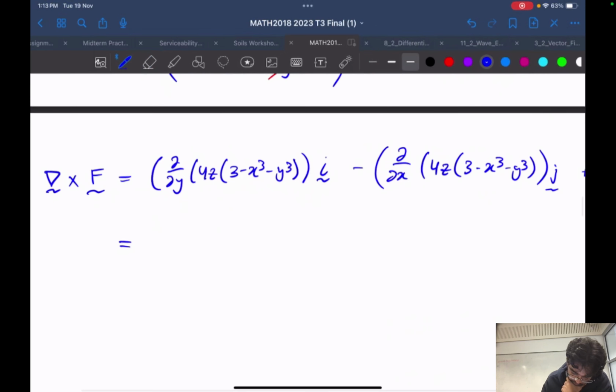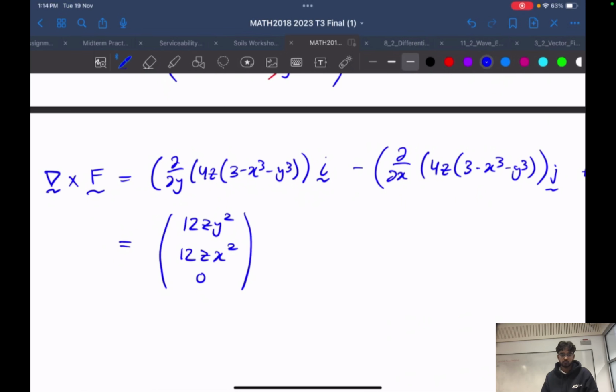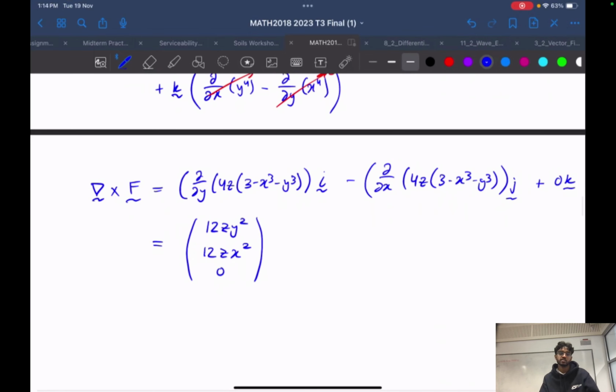So you end up getting 12zy squared, 12zx squared, 0. Hopefully that's correct. And that's how you find the curl.